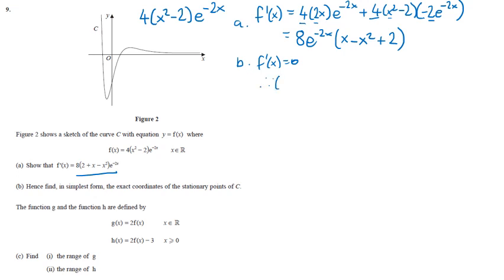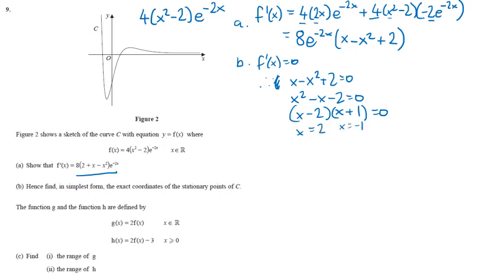So we've got x minus x squared plus 2 equals 0. Let's multiply through by minus 1 and reorder it. So x squared minus x minus 2 is 0. And we can see that that factorizes as x minus 2 and x plus 1. So x is equal to 2 or x is equal to minus 1.